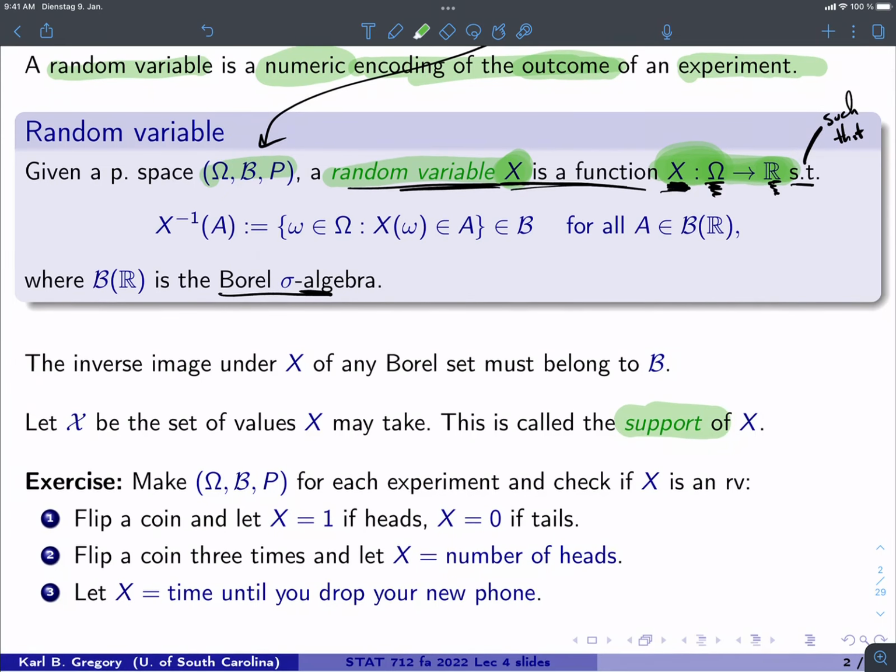As with any function, x is carrying outcomes in the sample space to real numbers, but x might not be able to take any real numbered value. We'll see examples. But we're going to use this script x to denote the set of values that x can take, and we're going to call it the support of x.